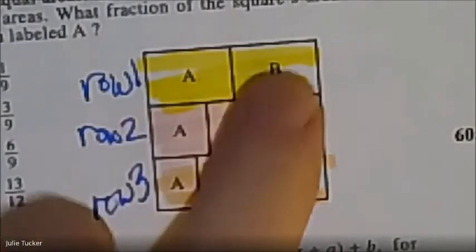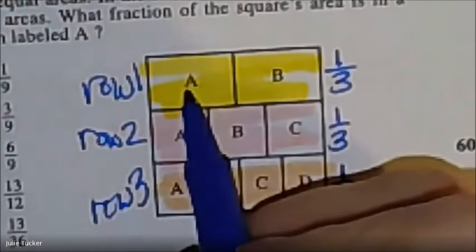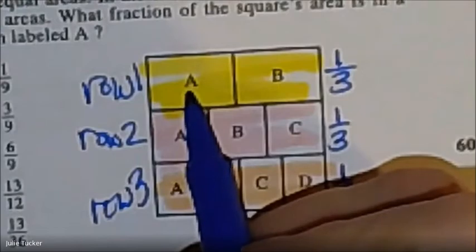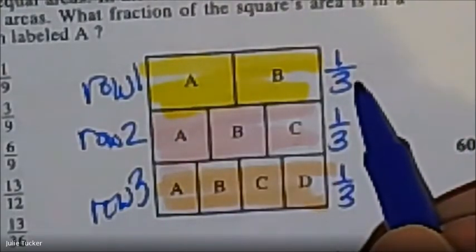The whole square. What part of the entire big square is that first row? Each row is 1/3. Okay. So this A in the yellow is half of a third.